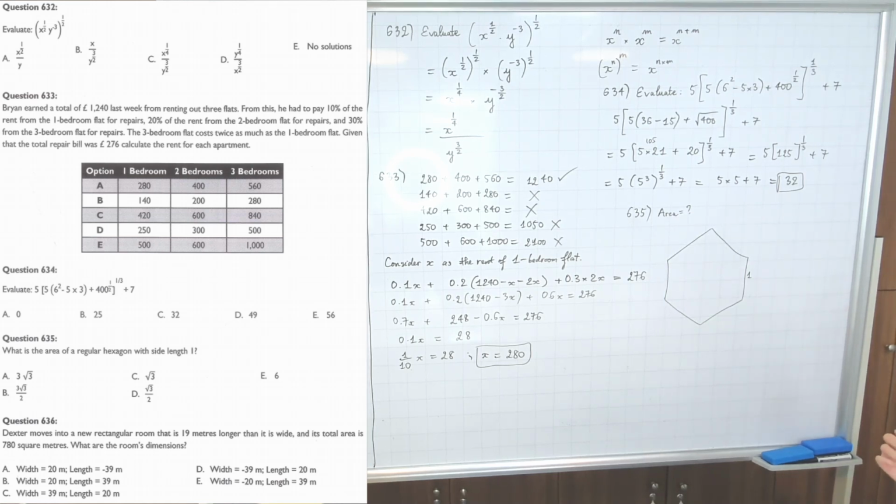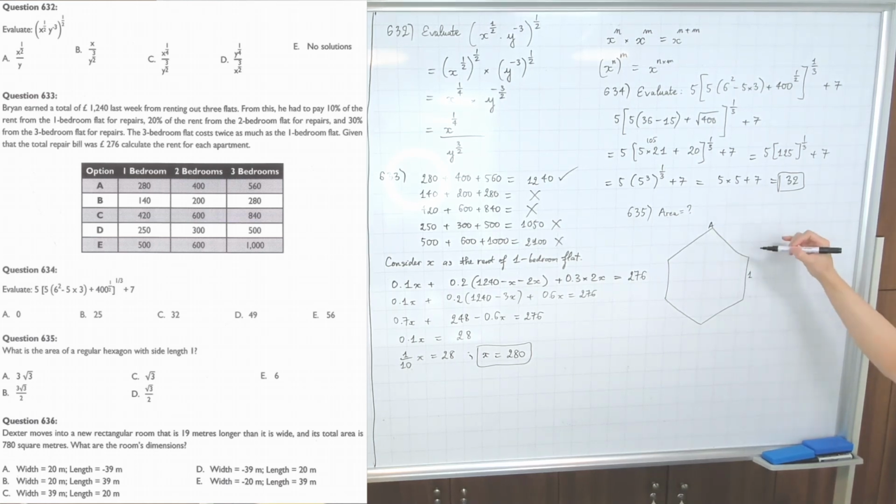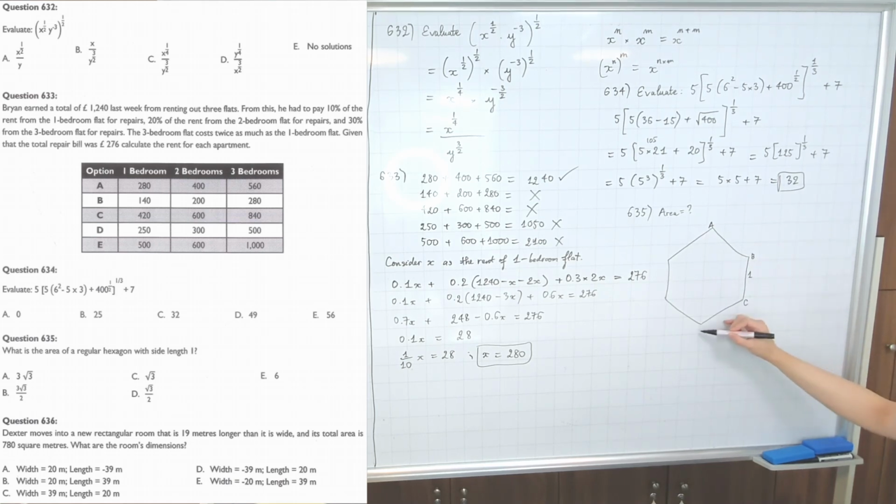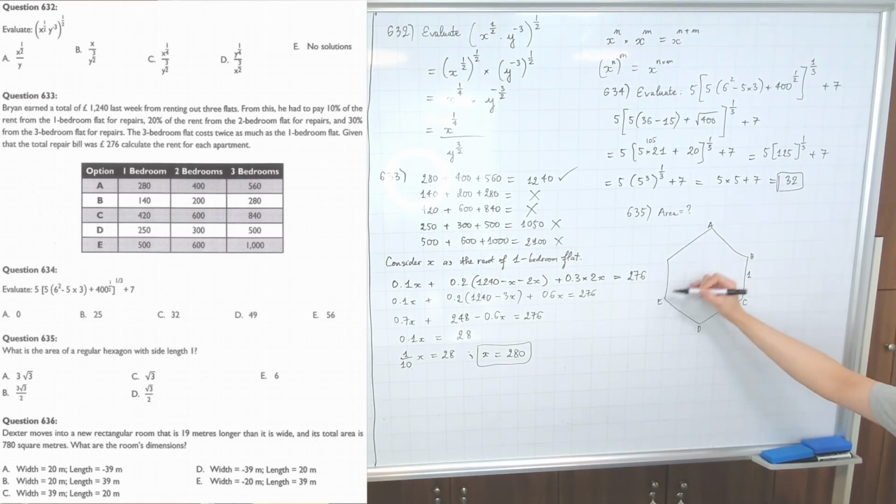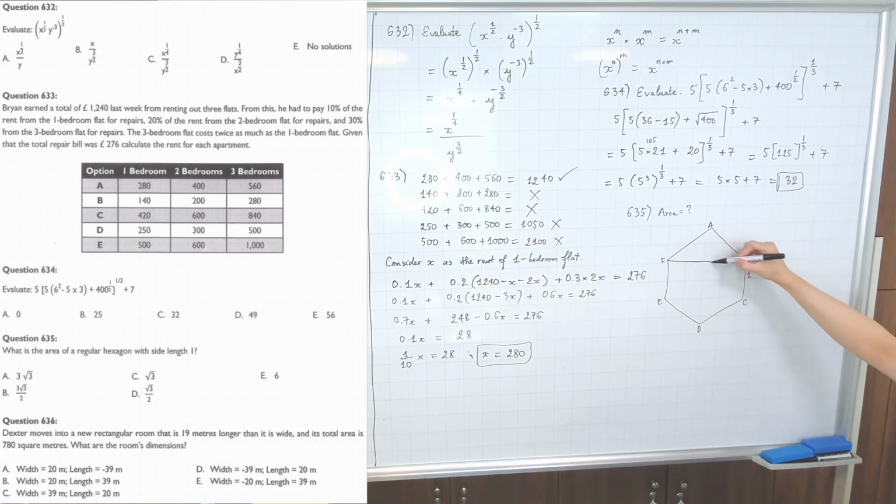Okay. Let's call it A, B, C, D, E, and F, okay? Okay, so let's just divide this one into this.